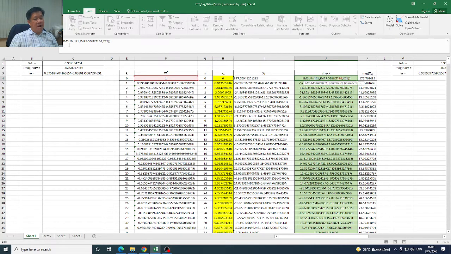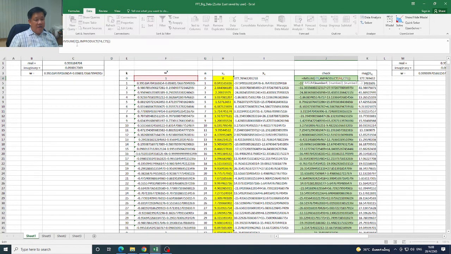The sum of complex numbers using this command is the data in I71, which is a complex number, plus here, comma is a sum. That's the product of the complex number F4, which is W to the 0, times the result from C71.